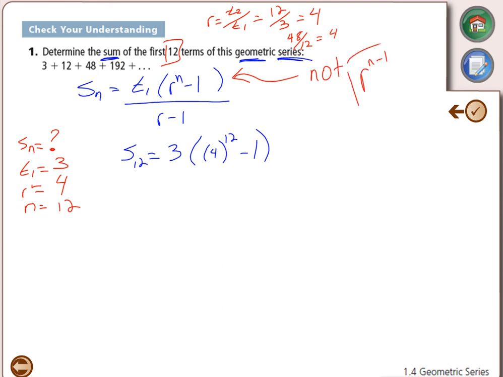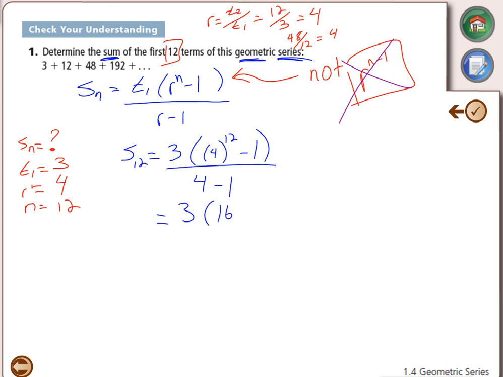Not r to the n minus 1. Careful with that. And this was over r minus 1. And you could plug it into the calculator right as such. Boom, get to the answer. Careful with your brackets. I recommend just taking it a little bit step by step.